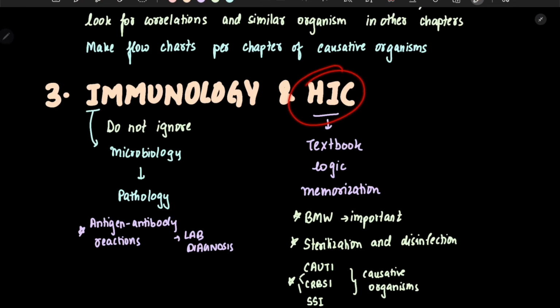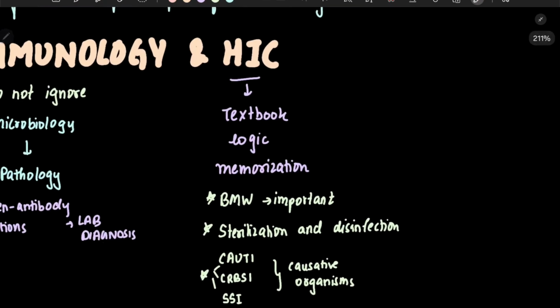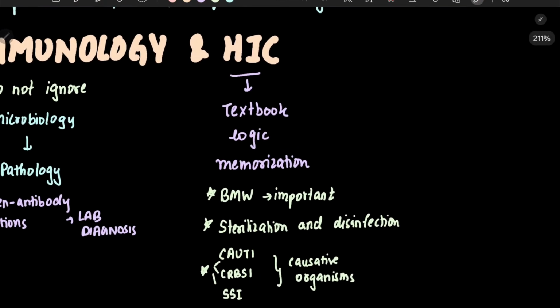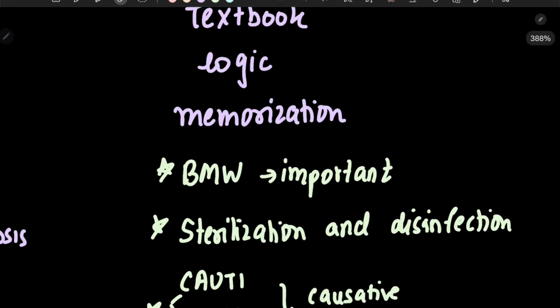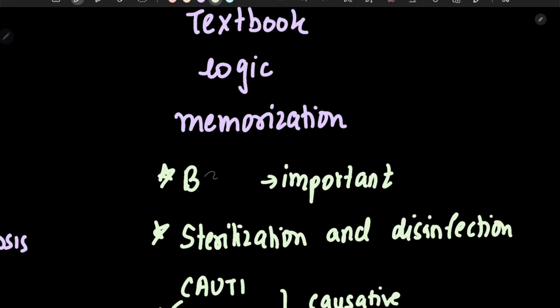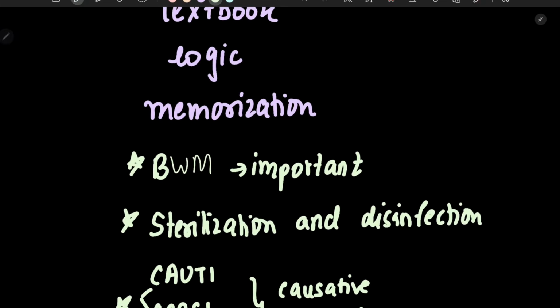Next is your hospital infection control. Just read the textbook. It is very logical. It is also memorization based, and the important topic in this is biomedical waste management. Okay, so this is a very important section.